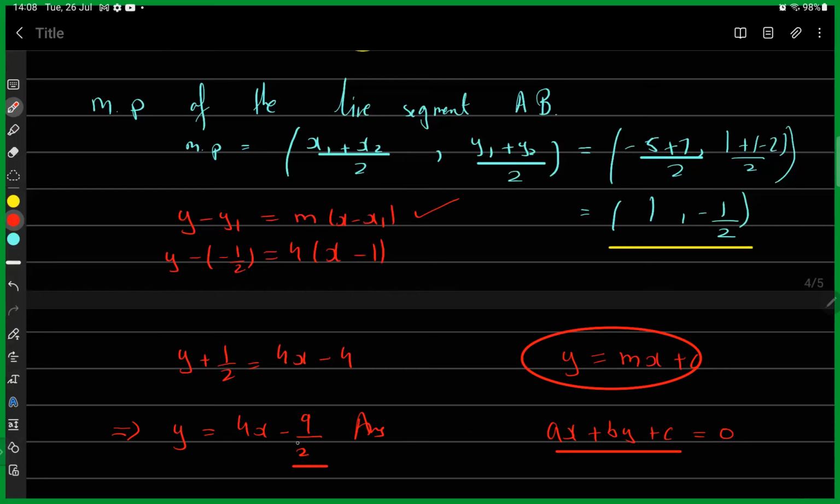This -9/2 is my y-intercept, and this 4 is my slope. So you can use any form, like we have discussed two forms, and you would get the correct answer. Obviously, you'll have to do some extra steps in both cases, but overall the idea is similar.